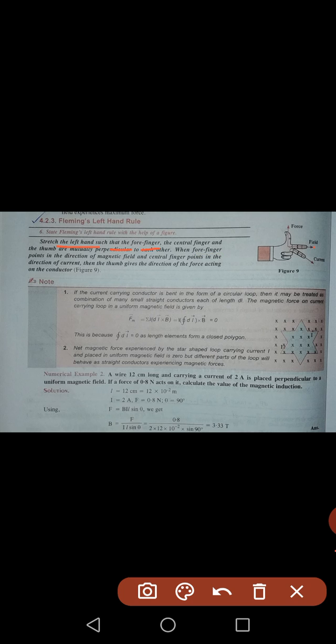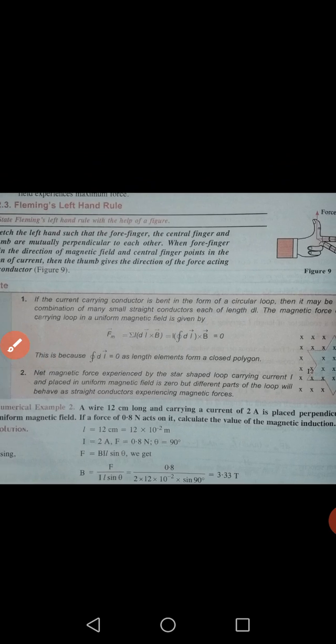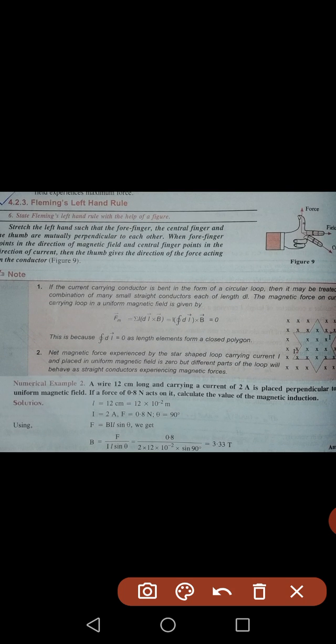One sum is given here, you can do it. A wire 12 centimeter long and carrying a current of 2 ampere is placed perpendicular to the uniform magnetic field.